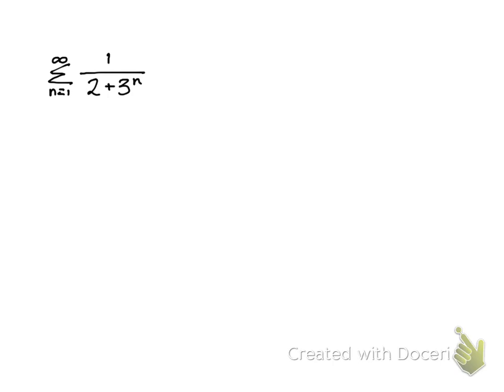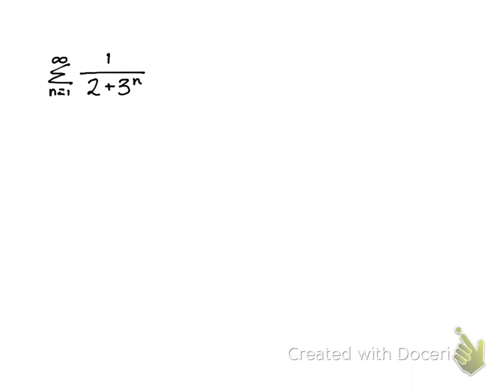Okay, so let's do a few examples. So let's start with the series from 1 to infinity of 1 over 2 plus 3 to the n. Now, 1 over 2 plus 3 to the n does not fall into any of the specific categories of series, geometric or p-series, that we've already tested.